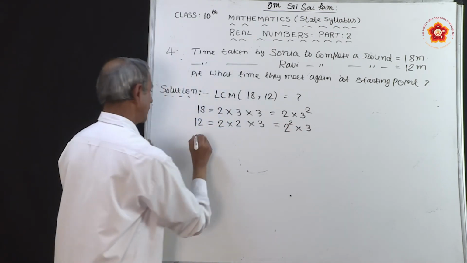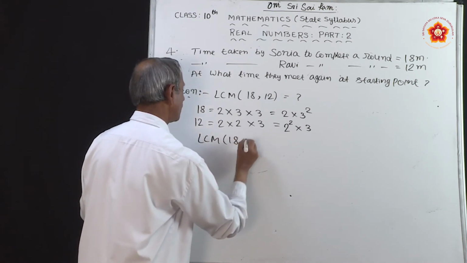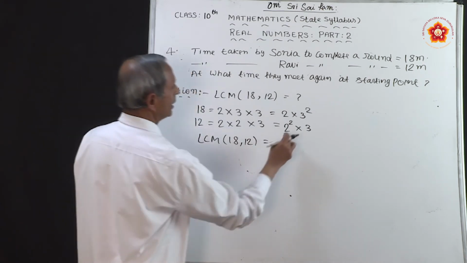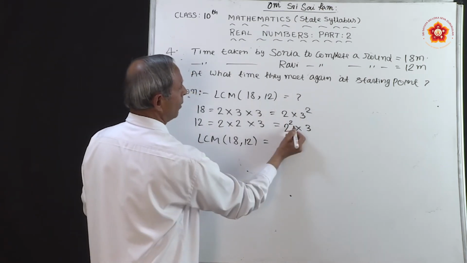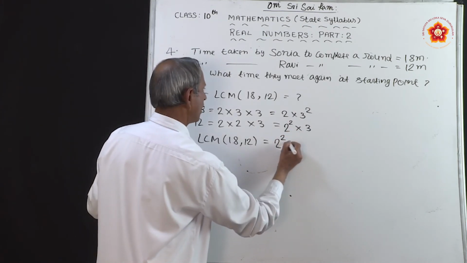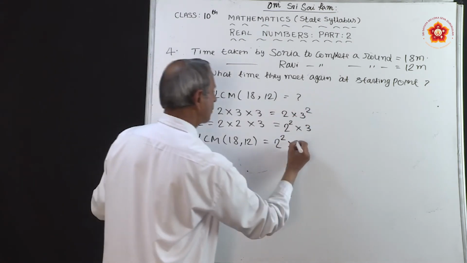Now, to find the LCM of 18 and 12, you already learnt how to take the factors. The common factor here is 2. The highest power will be 2 square, therefore, 2 square is taken for the LCM. And for 3, the power 2, 3 square is the highest power, therefore, 3 square.